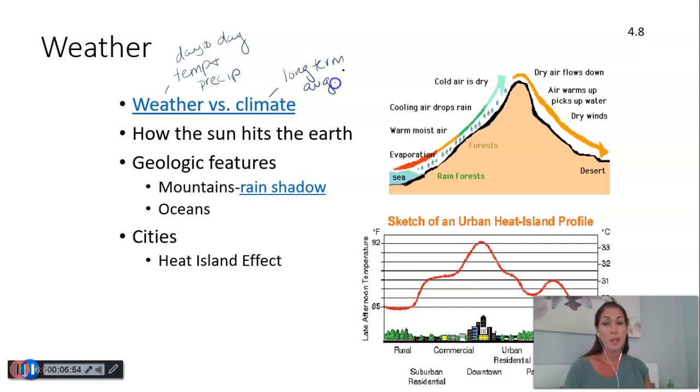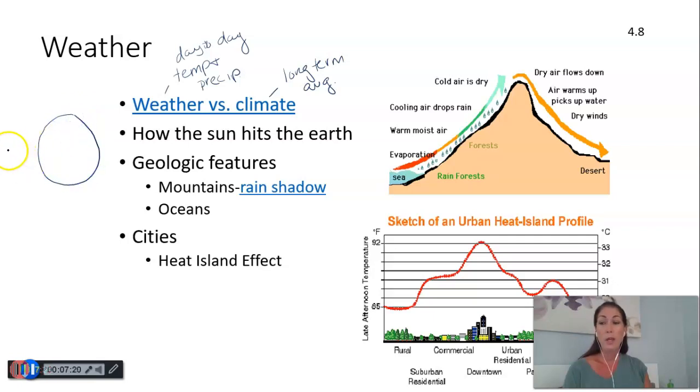For instance, if we take a look at our weather in February in DC, that tends to be very, very cold. But that's not our climate. We are a temperate climate. And so it is important to understand that distinction between weather and climate. Now, a big thing that affects both weather and climate is how the sun hits the Earth. A lot of that has to do with the angle of the sun hitting the Earth.